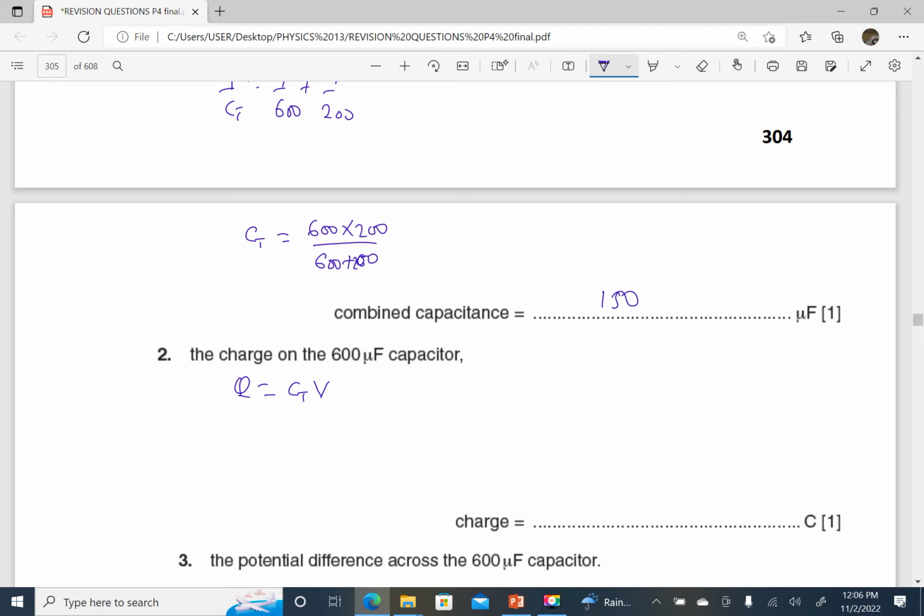So total charge is going to be total capacitance, which is 150 times 10 power negative 6 times the total PD, which is 12. So this is 1.8 times 10 power negative 3. Because they're in series, all the charge in the circuit goes on each of these plates. Therefore, the charge on the 600 microfarad capacitor is going to be 1.8 times 10 power negative 3 coulombs.